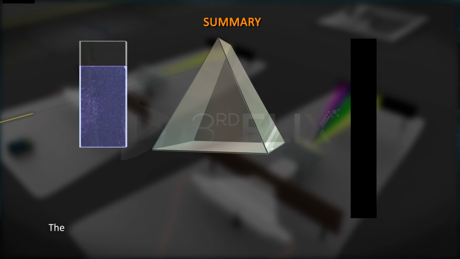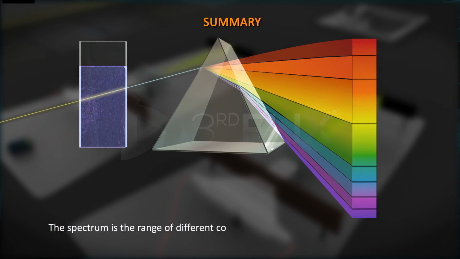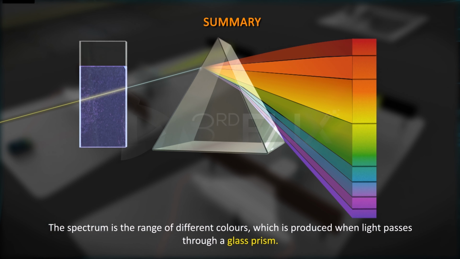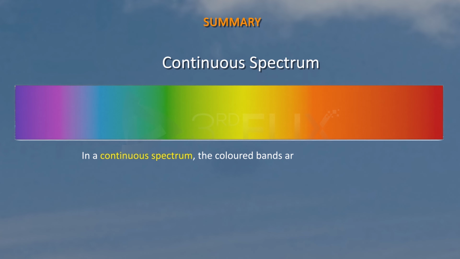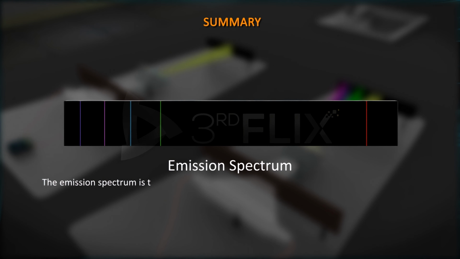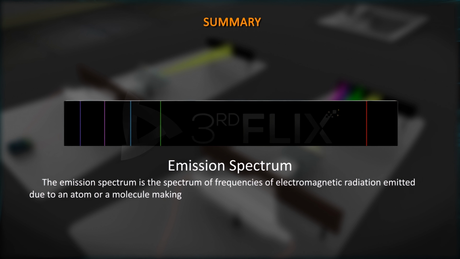Summary: a spectrum is a range of different colors produced when light passes through a glass prism. In a continuous spectrum, the colored bands are merged together. The emission spectrum is the spectrum of the frequencies of electromagnetic radiation emitted due to an atom or molecule making a transition from a high-energy state to a low-energy state.